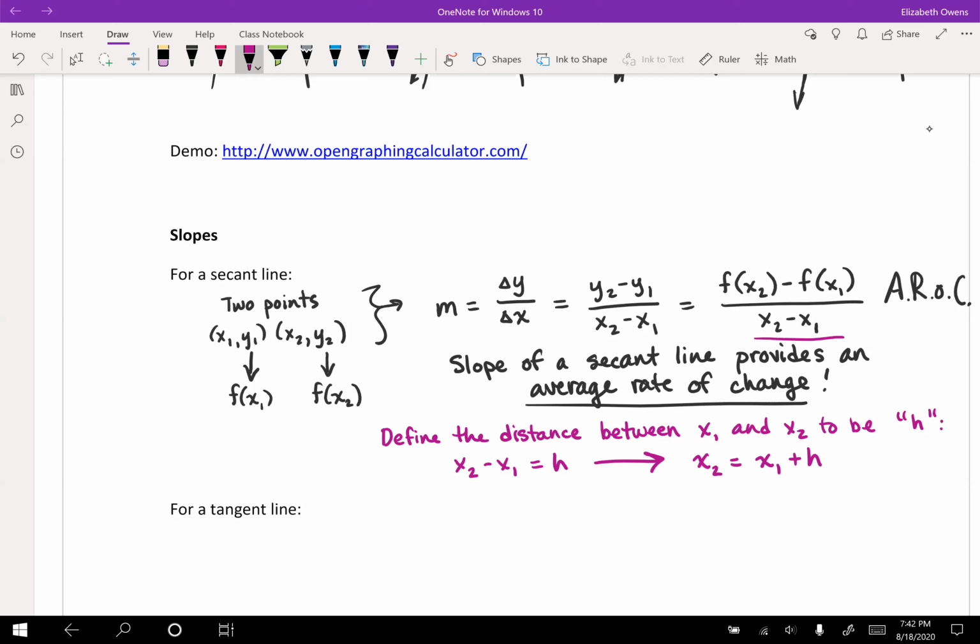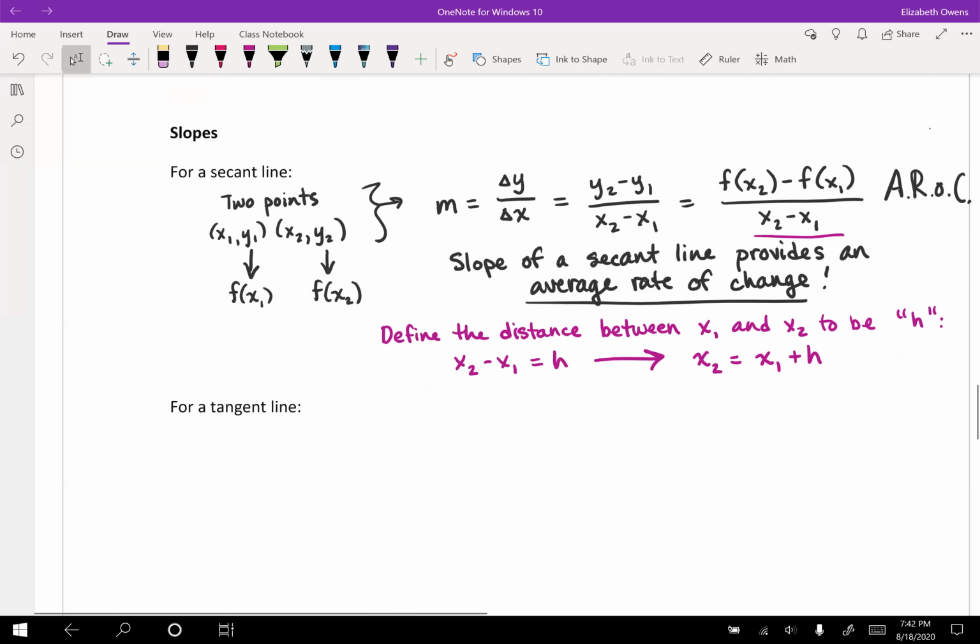That might seem kind of like, okay, why are we doing this? You'll see in just a second. With our new definitions, we're going to rewrite our slope formula in terms of just x1, a single point, and this new little variable h.